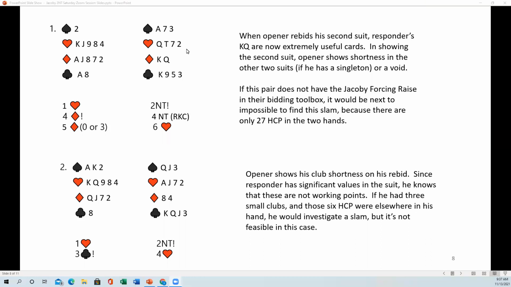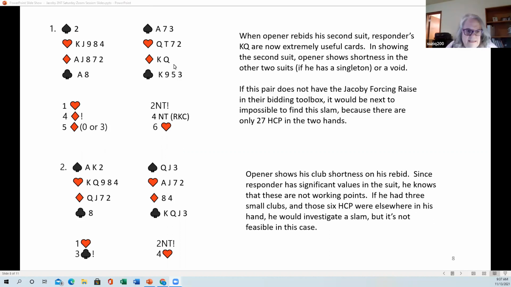All right. Now then, here are our example hands. Number 1 is the opener here. The opener's on the left, responder's on the right. We get a 1 heart, 2 no trump, 4 diamonds. Look what that tells the responder.